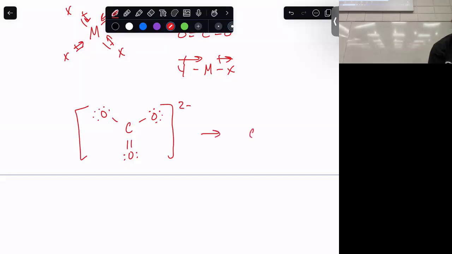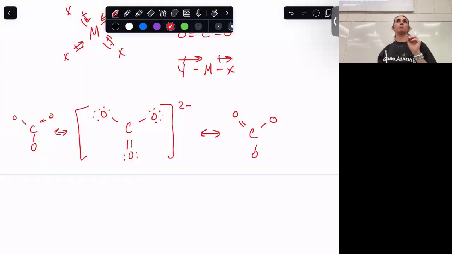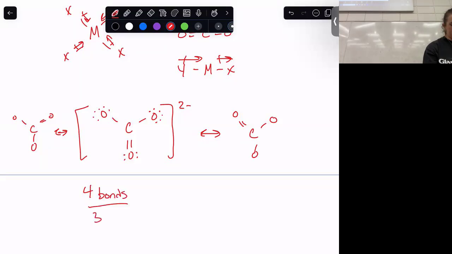So you could have it like this, or like that. The average of all of these is that each one of them looks like 1.3, because you have 4 bonds and 3 locations. So the average is 1.33 bond length.